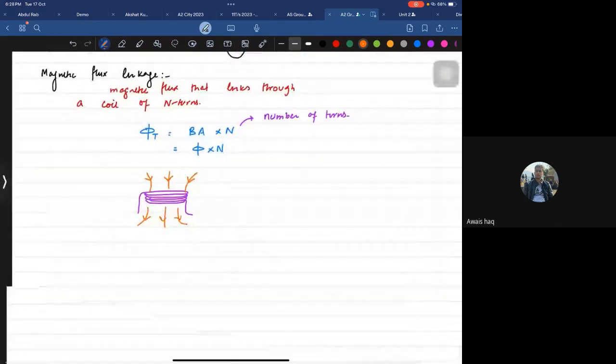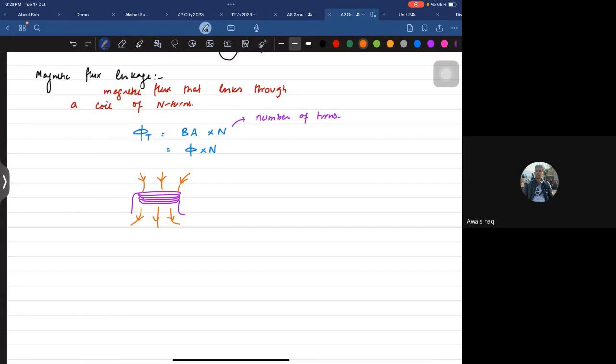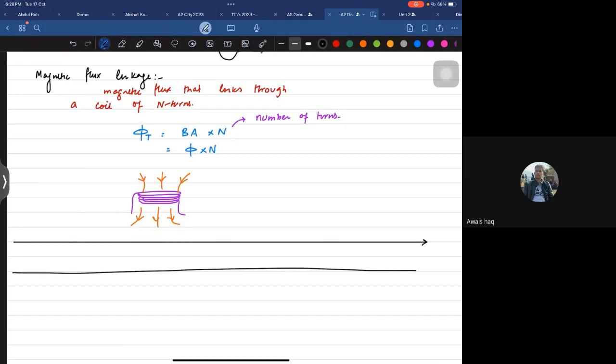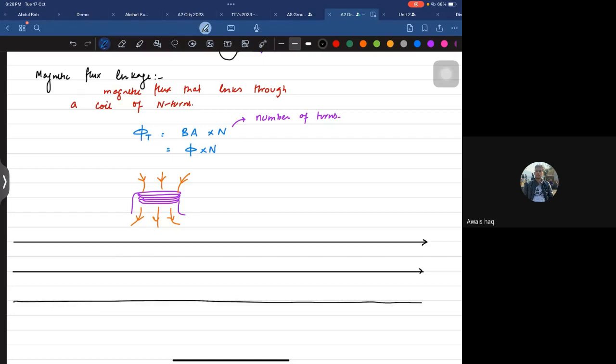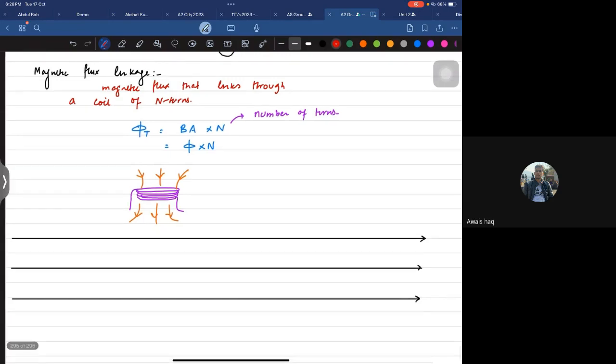What I mean by that is that suppose you have a magnetic field going in this direction, and then your wire is exactly like this, okay?